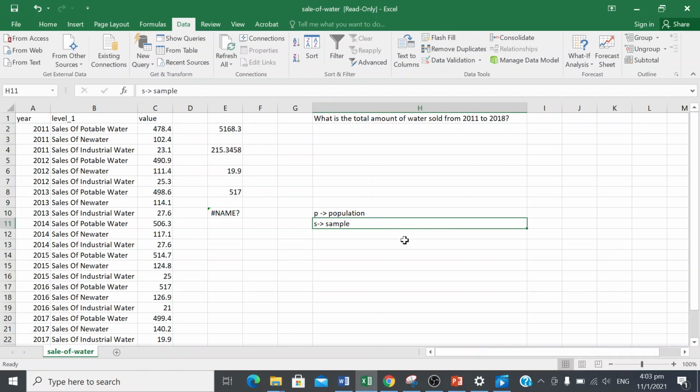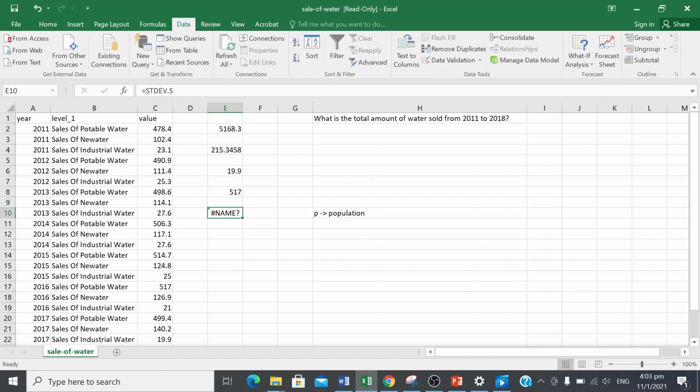The sample is useful for finding out what the population is like. But in our case, we are not going to be doing statistics. We just want to figure out, given a particular data set, and this data is not very long, so we are not going to be using the sample version. We are just going to be using the population.